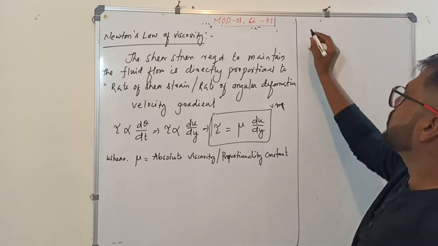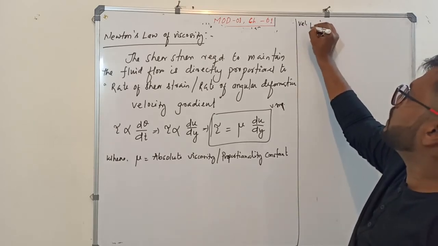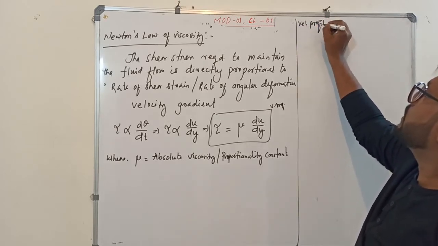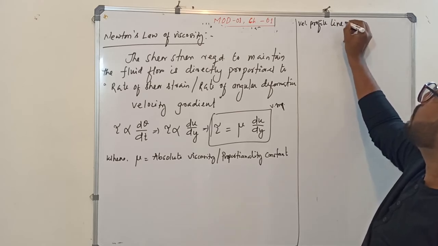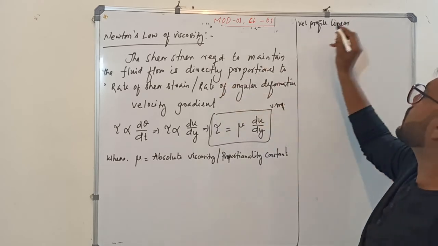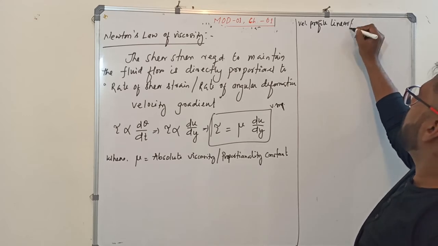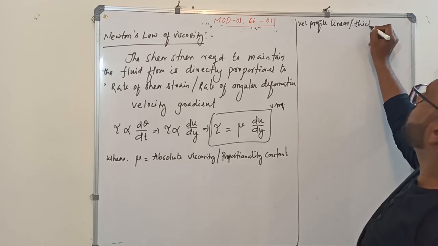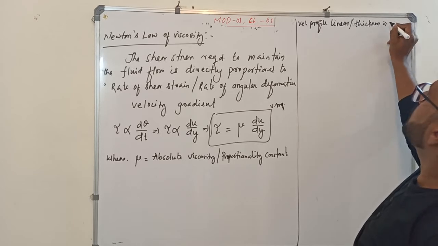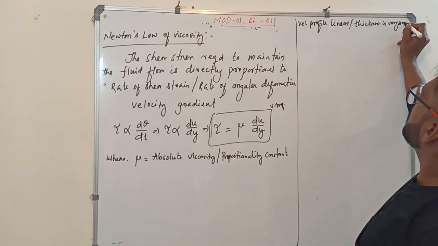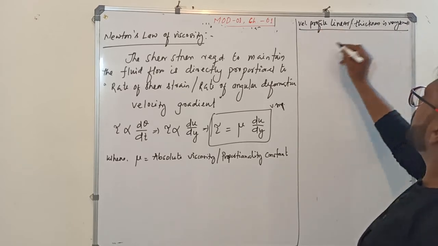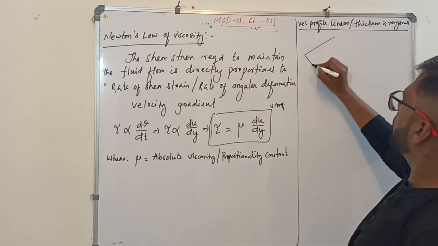Now I told you, when the velocity profile is linear, just we draw the graph, right? Linear, that is, or the thickness of the fluid is very small. We have drawn this diagram just before.